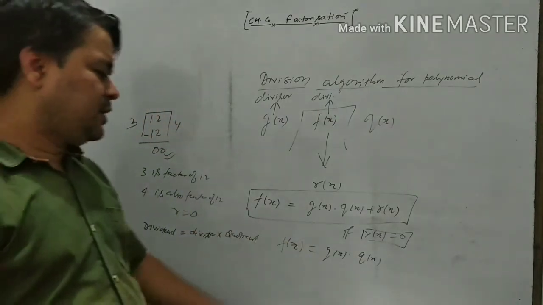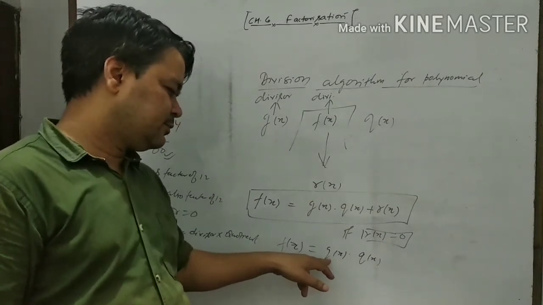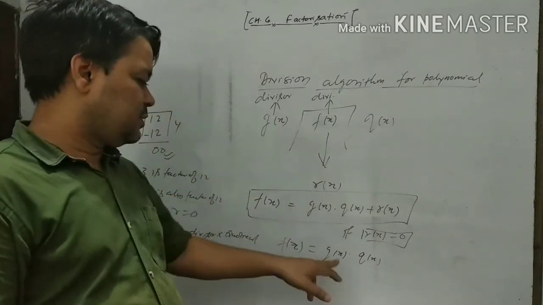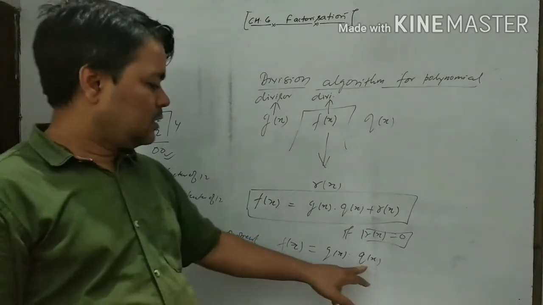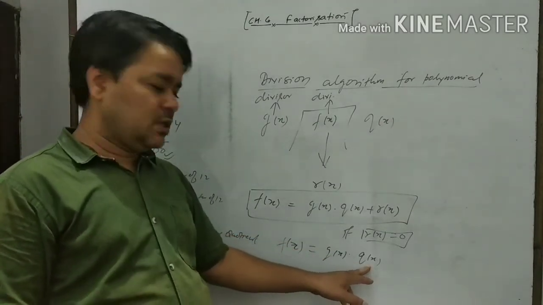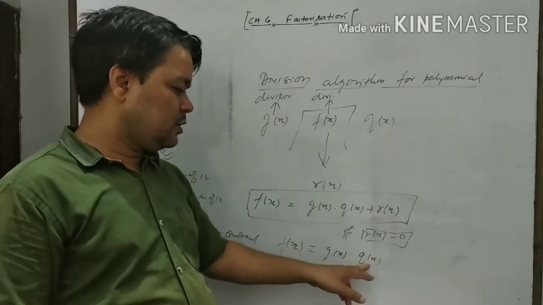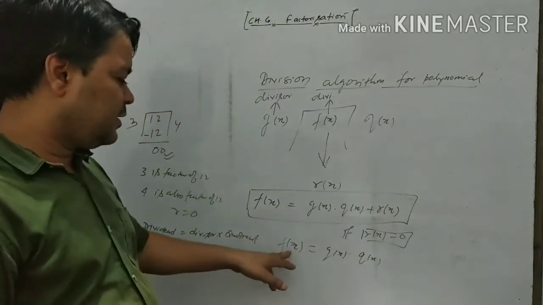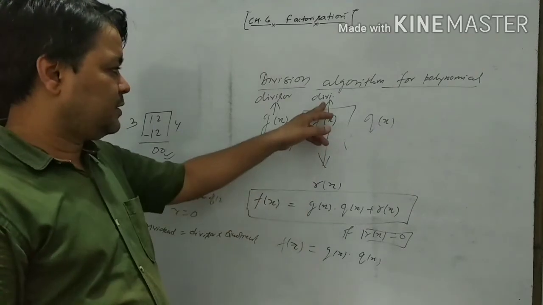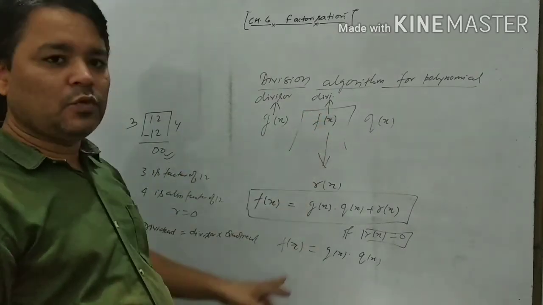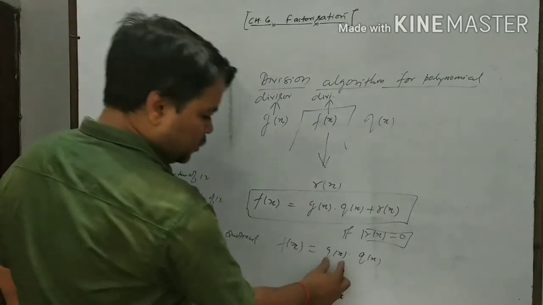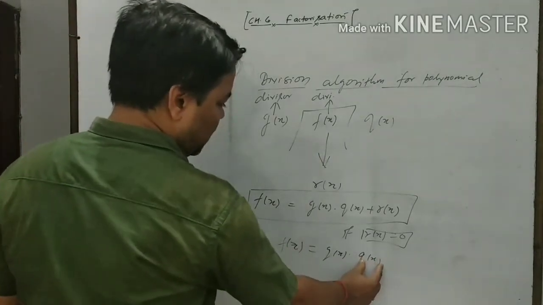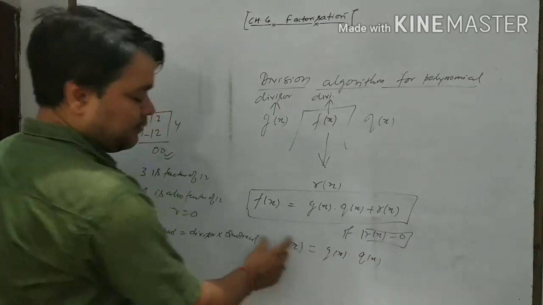It means the degree of the divisor and the degree of the quotient, both polynomials, are always less than the degree of the dividend. So this represents that qx and gx are the factors of fx.